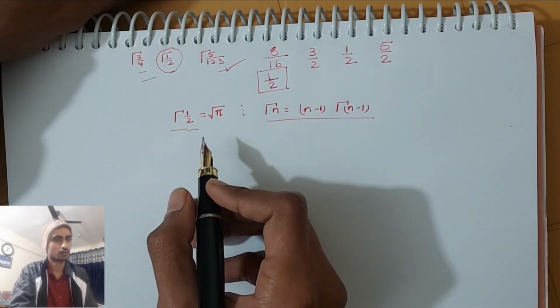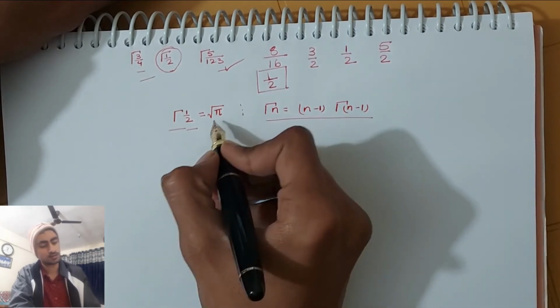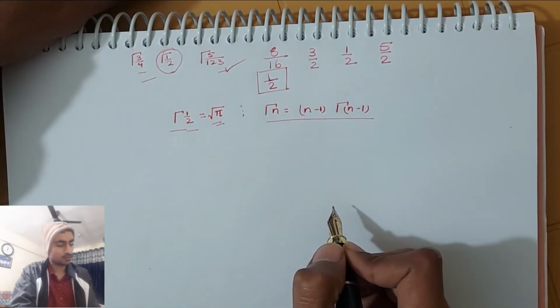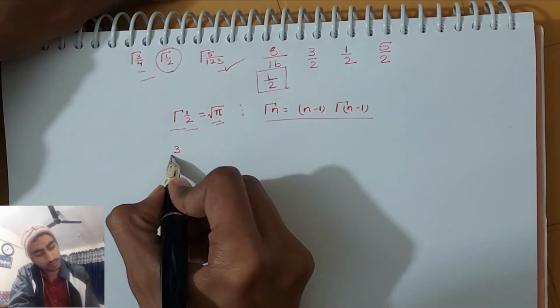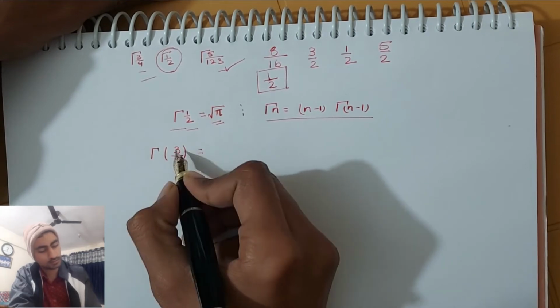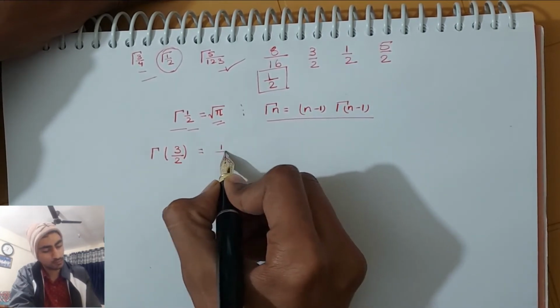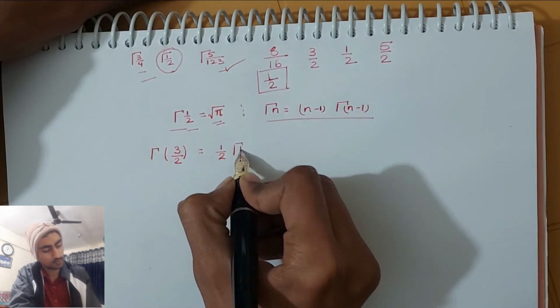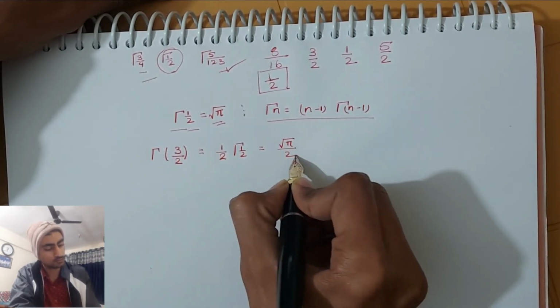We will calculate this right now, but I am saying it just to be clear about what I am talking about. For example, if we want to calculate gamma of 3 by 2, we can write it as 1 by 2 gamma 1 by 2, which will give us root pi by 2.